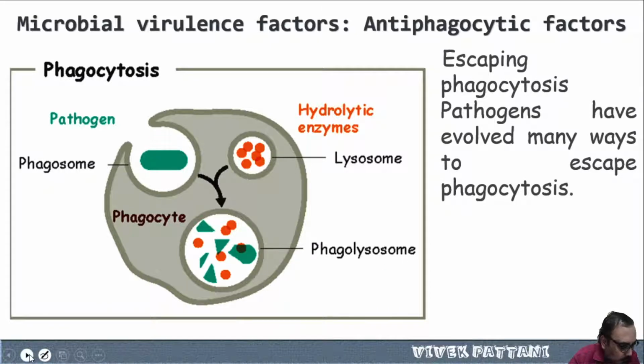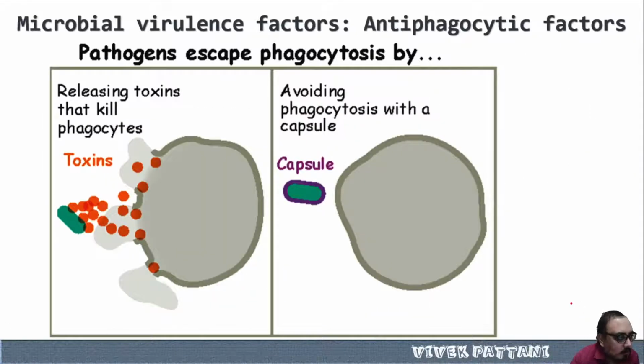Now what are these pathogens going to do? One of the techniques is by releasing toxins which kill the phagocytes. For example, this bacteria produces toxins and kills the phagocytes.